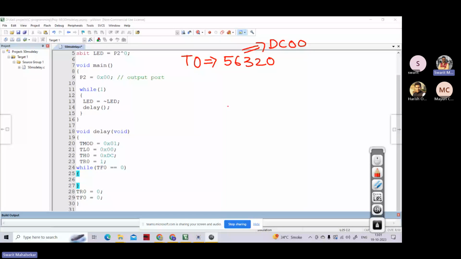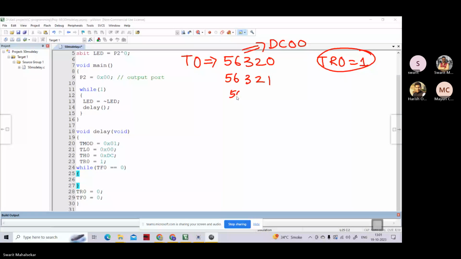See, when I'm giving this particular instruction, that is TR0 is equivalent to 1, that means I'm asking my microcontroller to start the timing operation. So what exactly will it do? It will keep on incrementing this particular T0, that is 56321, 56322, till 65536.